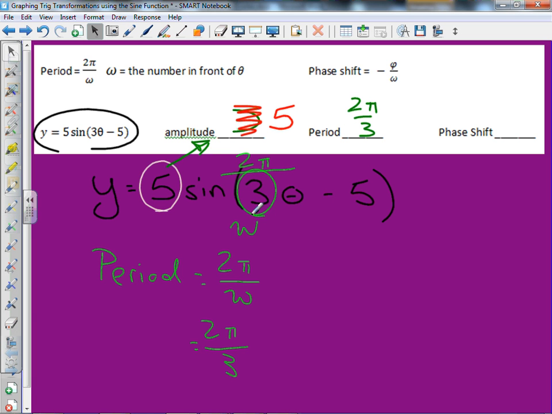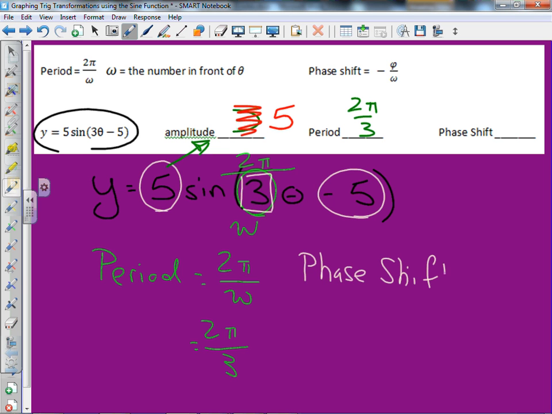Now, what is our phase shift? Remember, our phase shift is going to take two numbers. It's going to take the -5 and the omega. We need to put a negative out front because we have to change the sign.